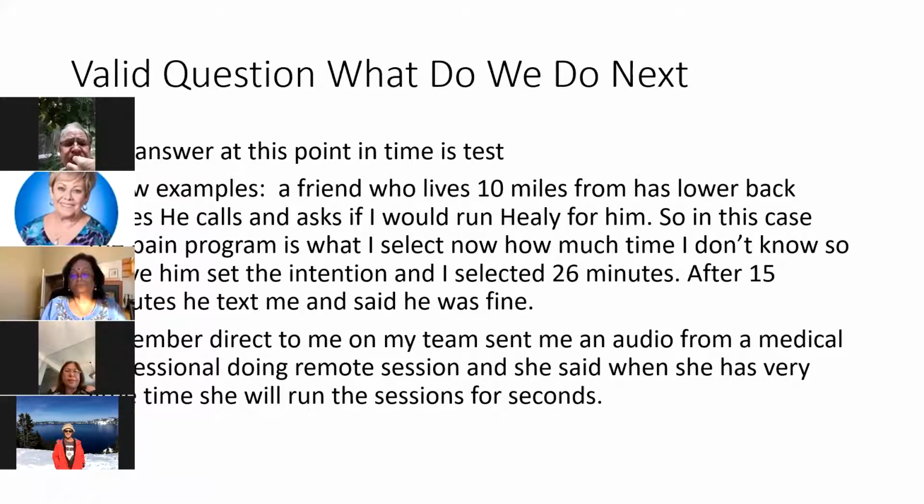It's confusing because you have options on your resonance where you can run a program for 4 hours, even 8 hours. I don't know anybody that's doing that. With those kind of options, it really raises a lot of questions. But for now, I would suggest keep it shorter rather than longer. And if you're not sure that it's working as fast as you would like, shorter times more often.